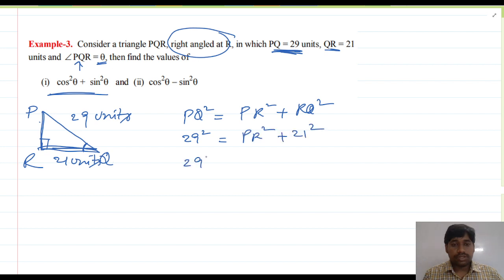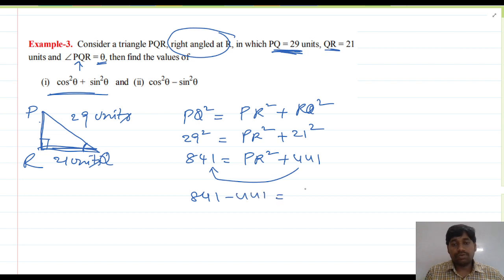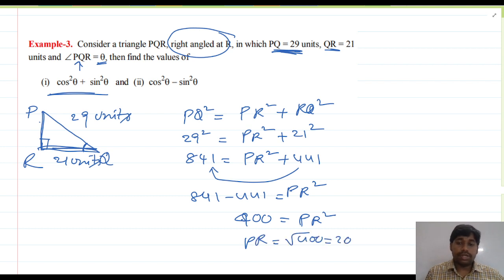So 29 square is 841. 841 is equal to PR square plus 441. Bring this to this side. 841 minus 441 is equal to PR square. So it is ultimately equal to 400. That is PR square. Then PR value, how much? PR is the square root of 400, which is equal to 20.